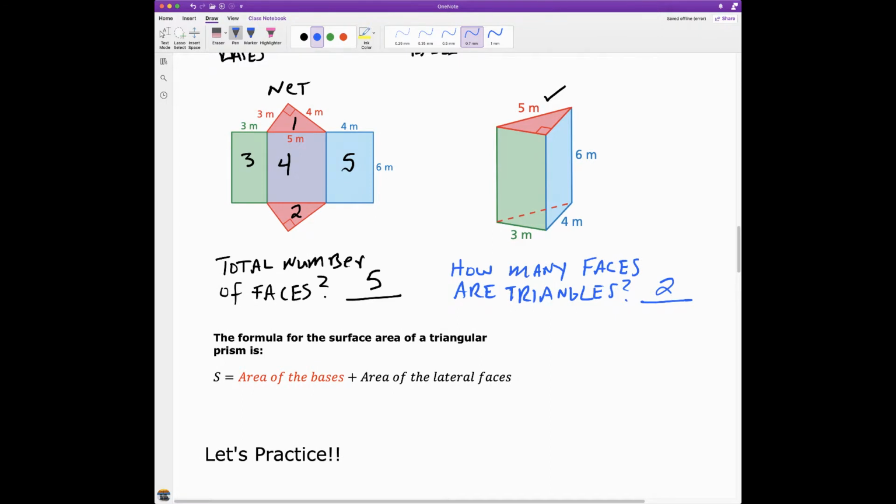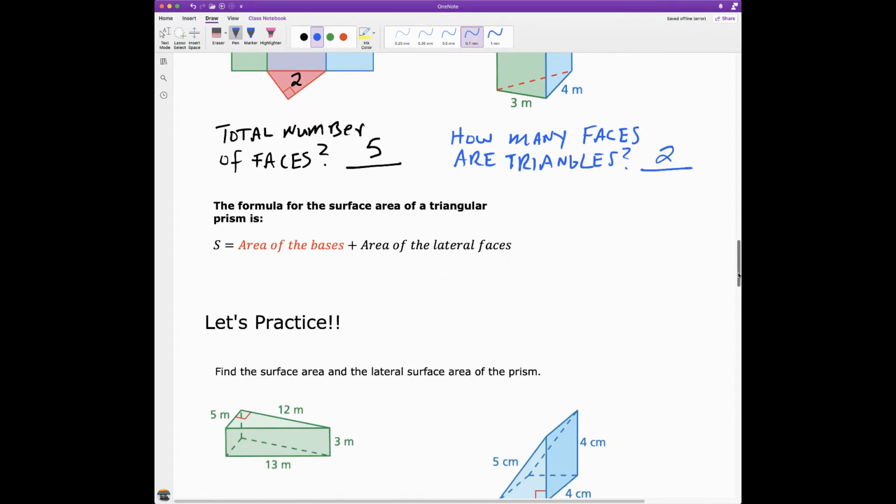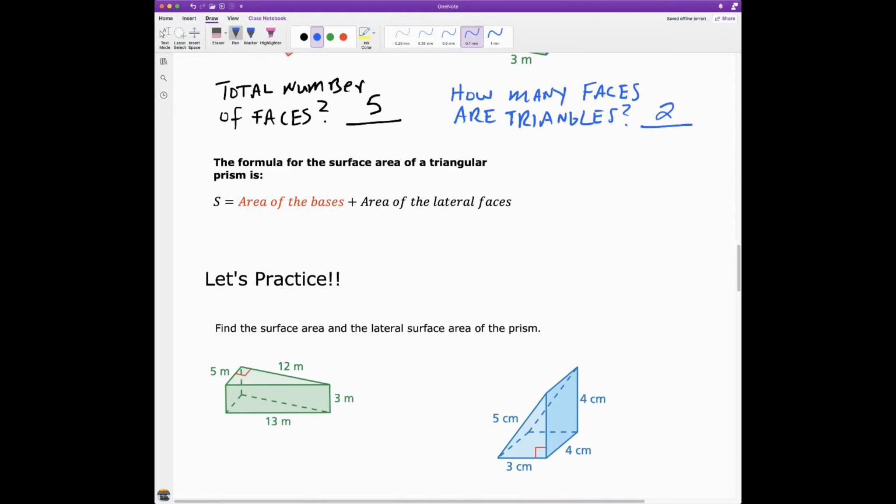The formula to find the surface area of a triangular prism is, first I have to find the area of the bases. And what are the shapes of those bases in a triangular prism? That's correct. They are triangles.